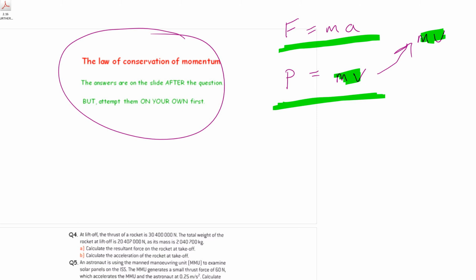If you have a look at the page with the husky pulling the sledge, I'm just going to try and explain how we can get yet another equation to work out force.